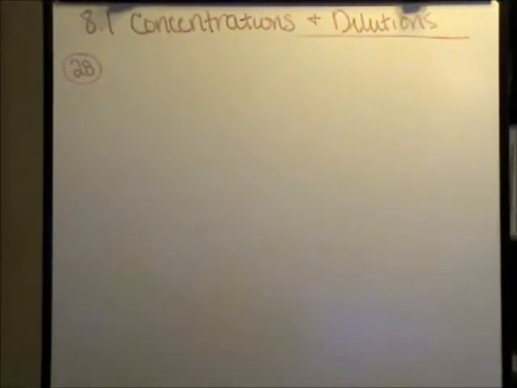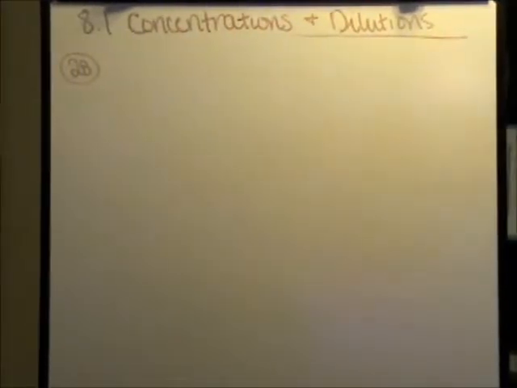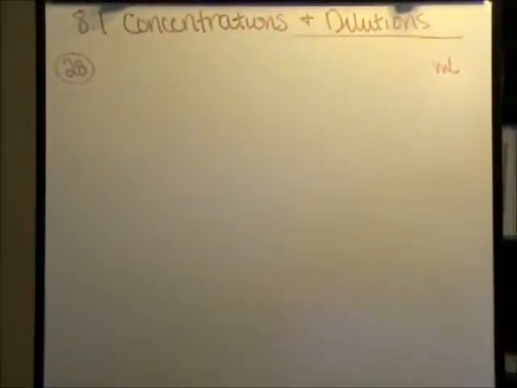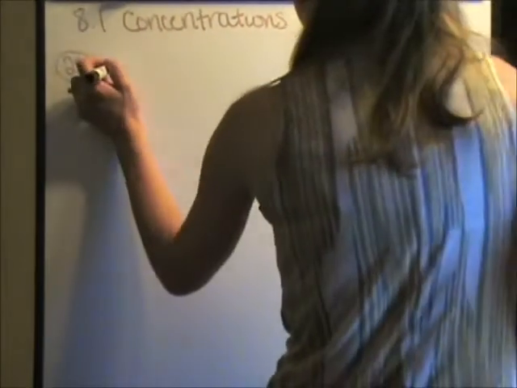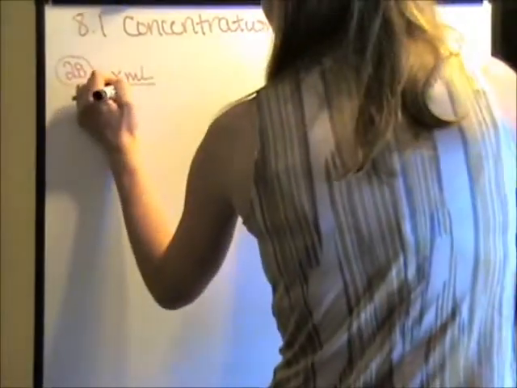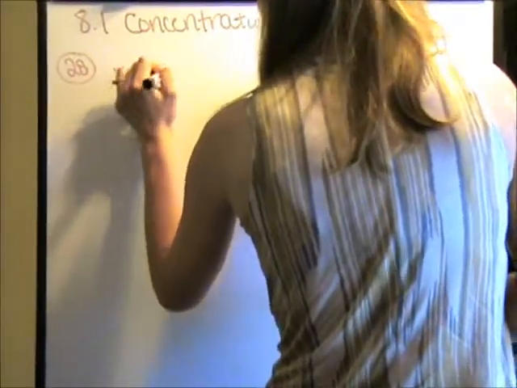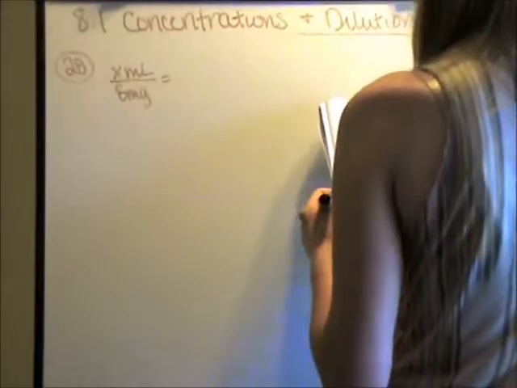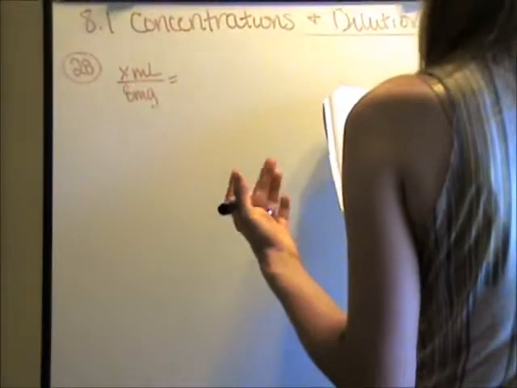Okay, so two-part question again. A, how many milliliters of the dexamethasone solution shown in the label above will be required to provide the 8 milligram dose? Okay, so we know that we're solving for milliliters. And we know the desired dose is 8 milligrams. And if we look at the label, it says it's equivalent to 4 milligrams per milliliter.